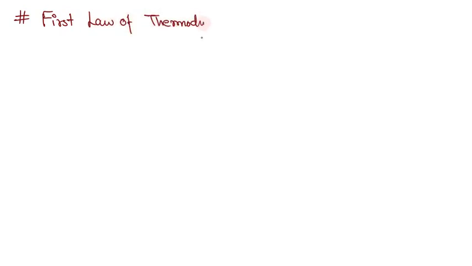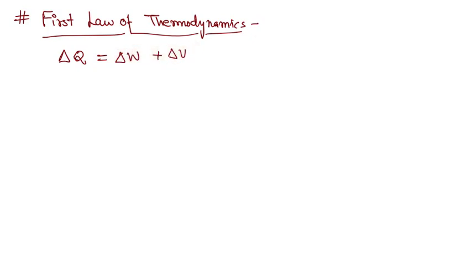There are various sign conventions which are followed, and this is different from what you have studied in chemistry and physics. They both have a different sign convention. I will tell you what I usually follow. That is, delta Q, the heat given to the system, is equal to the work done by the system plus the increase in internal energy.